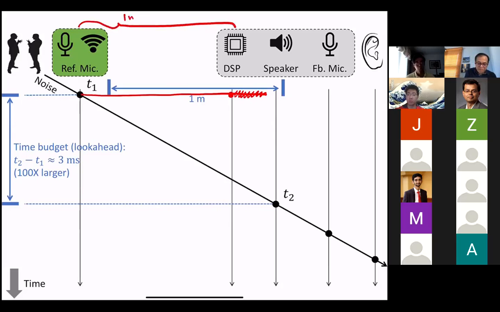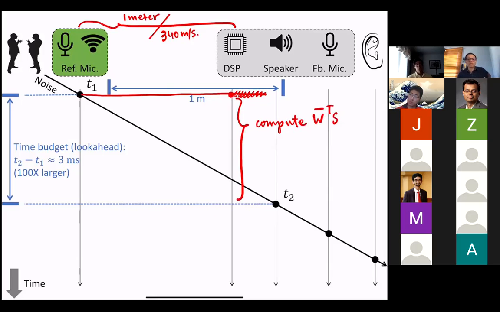Let's say this is 1 meter. 1 meter divided by 340 meters per second is much more than 1 centimeter divided by 340 meters per second, right? So now the DSP has this whole time to compute its WT.